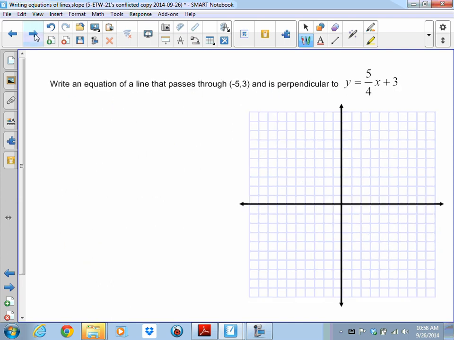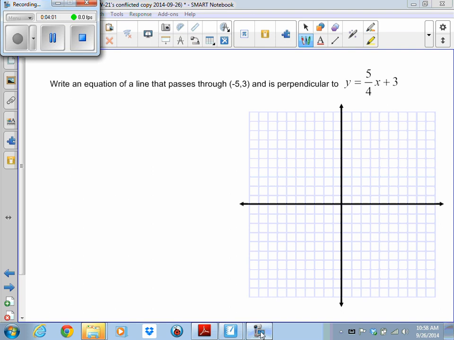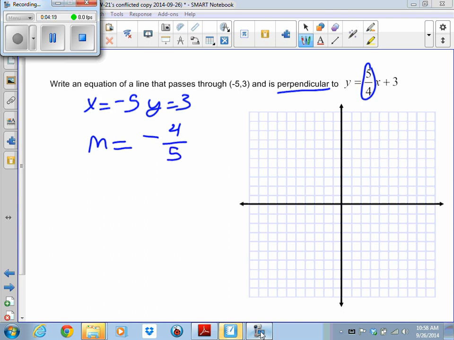So one more. We have perpendicular. Again, we still have x is -5, y is 3. Perpendicular means we're not going to use 5/4. The slope of my new line is negative because it was positive, and then we flip our fraction. So let me graph this.